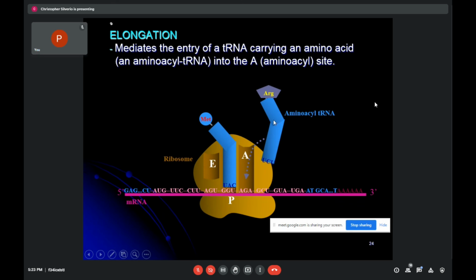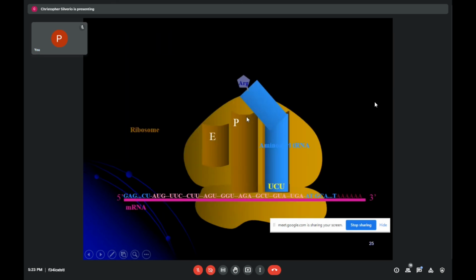What will happen to this arginine? The arginine now binds into the A site.